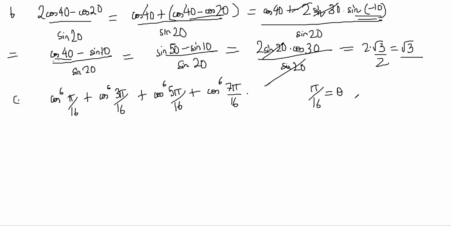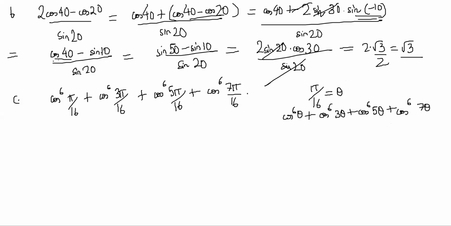So we have cos 6 theta plus cos 6 3 theta plus cos 6 5 theta plus cos 6 7 theta.